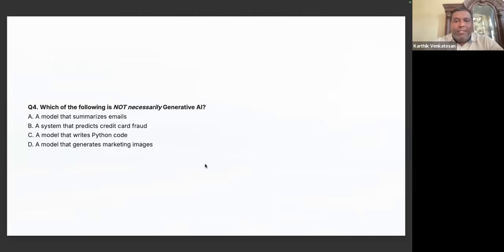Which of the following is not necessarily generative AI? A model that summarizes emails, a system that predicts credit card fraud, a model that writes Python code, a model that generates marketing images. I see a lot of B. Can someone type why B is the right answer, not the other ones?